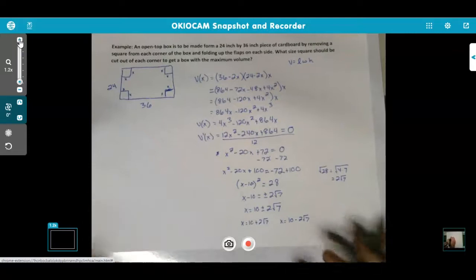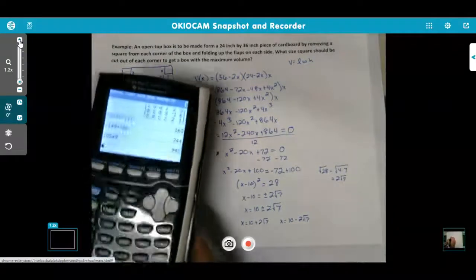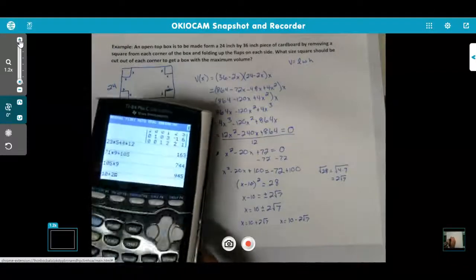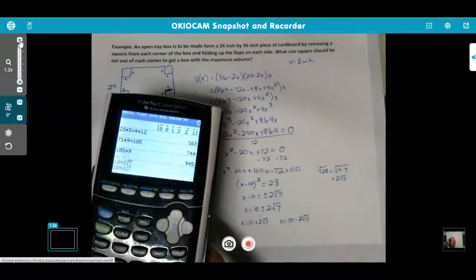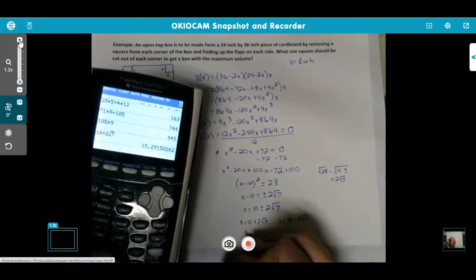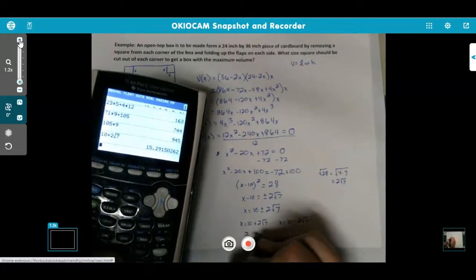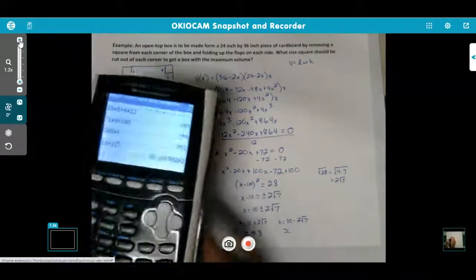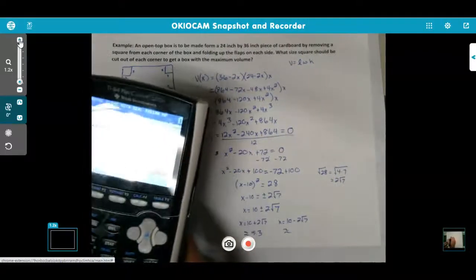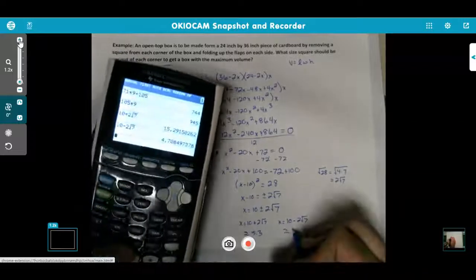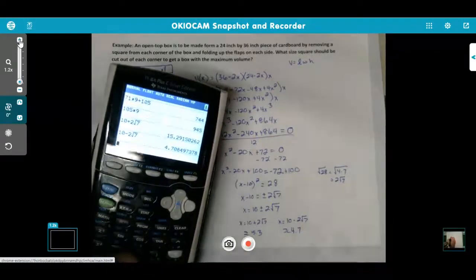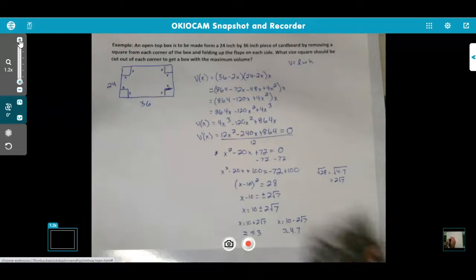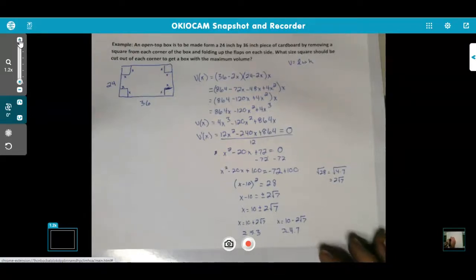To help us out, let's see what the numerical value of those are. If I did 10 plus 2 square roots of 7, I get about 15.3. If I do 10 minus 2 square roots of 7, that's going to be about 4.7. So let's think about which one of these could possibly be the right one.